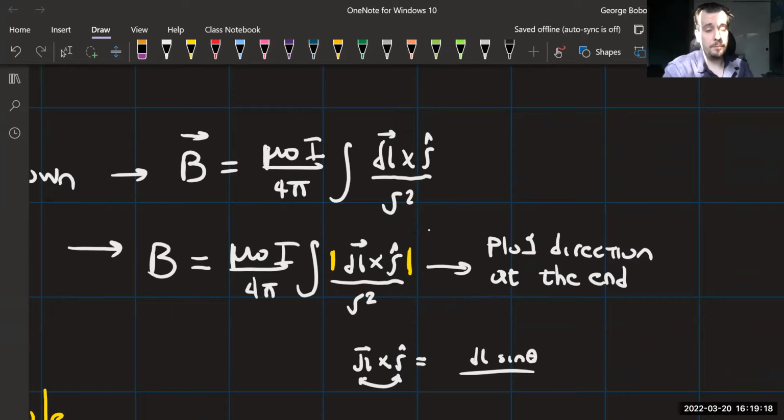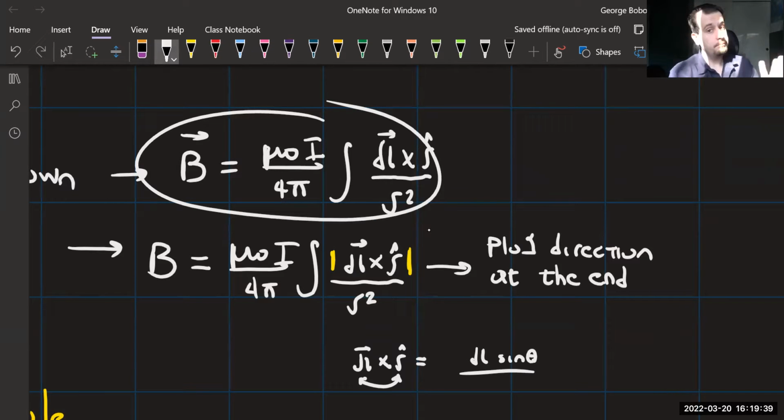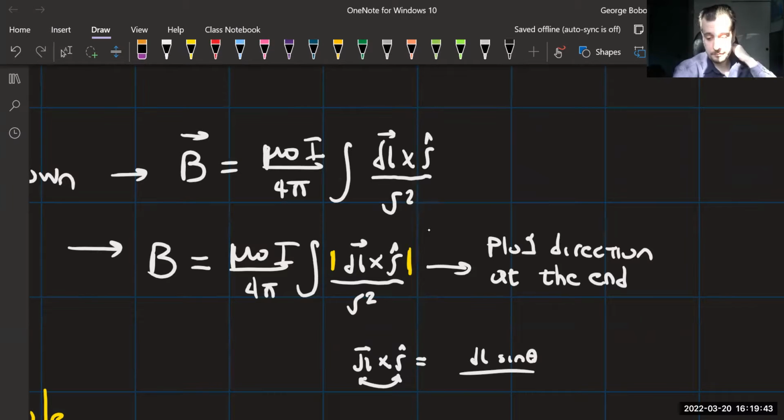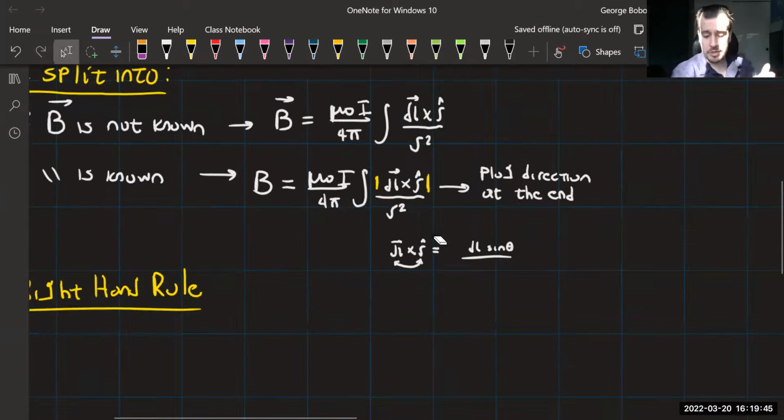So the bottom one is just talking about the size of the magnetic field, because that's what you're chasing after. I said you already know the direction. If you're doing symmetry, you're already knowing where the magnetic field is going to go, so you're going to slap that direction at the end on the magnetic field strength. But if you didn't know anything about the direction, you'll go with the full version, the longer way. We'll see both of them in action. Don't you worry.